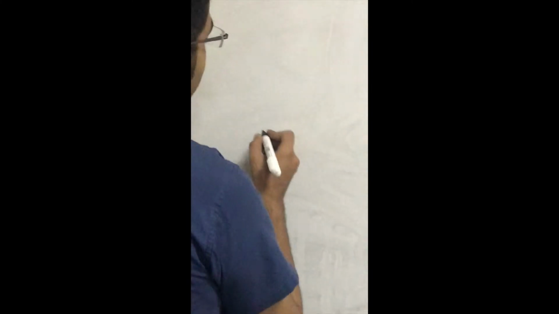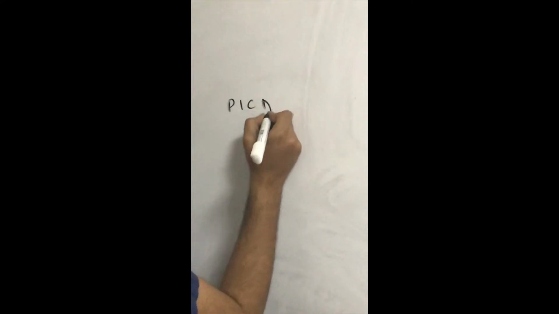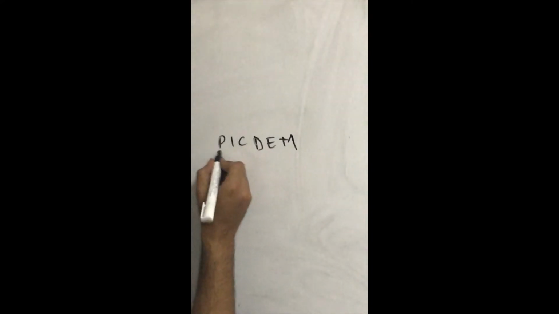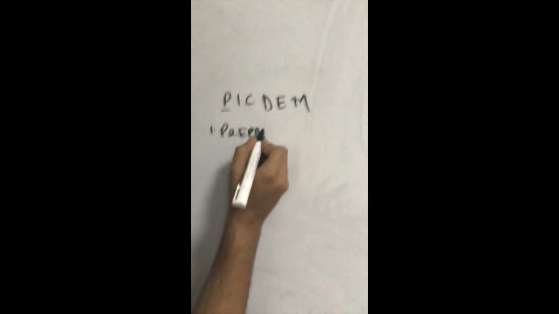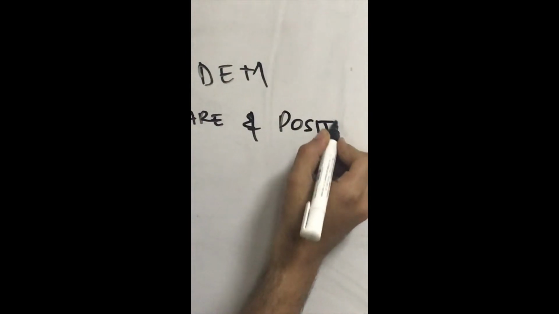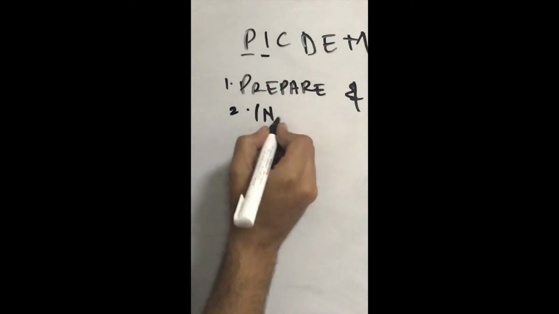Okay, so when you talk about the procedure, I have divided it into steps and there is a mnemonic for it. So PICDEM. P stands for prepare and position. I stands for inform.